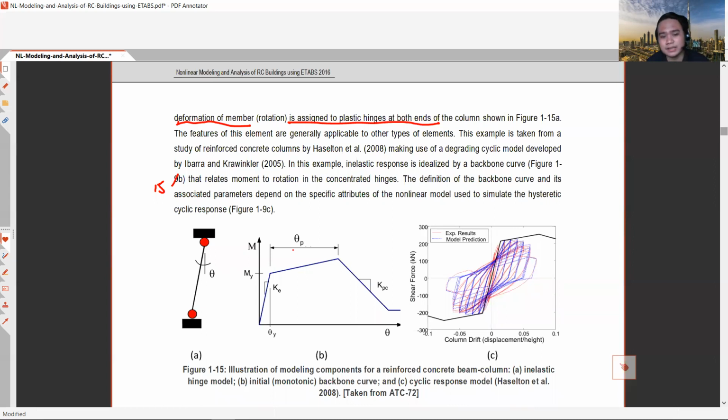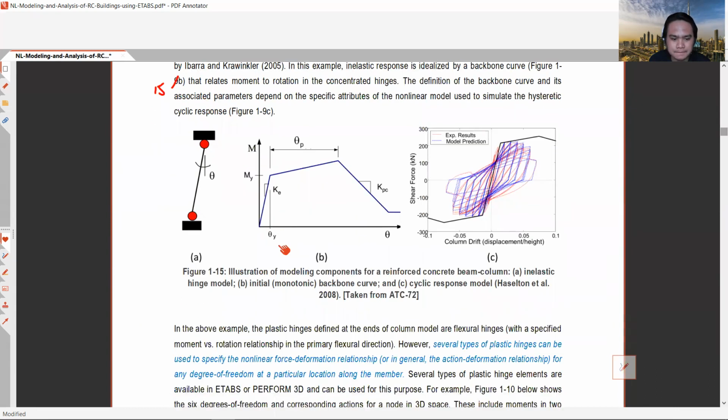So basically, tama. The location at which ito yung nag-produce ng moment at plastic, ito yung plastic moments. Okay, so in column C, ito yung backbone curve. And figure C, ito daw yung cyclic response model na nag-undergo dito sa model. Okay, so ito yung model.